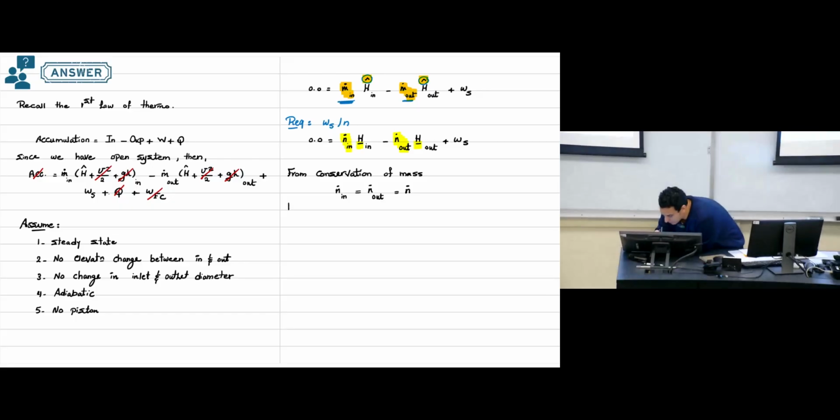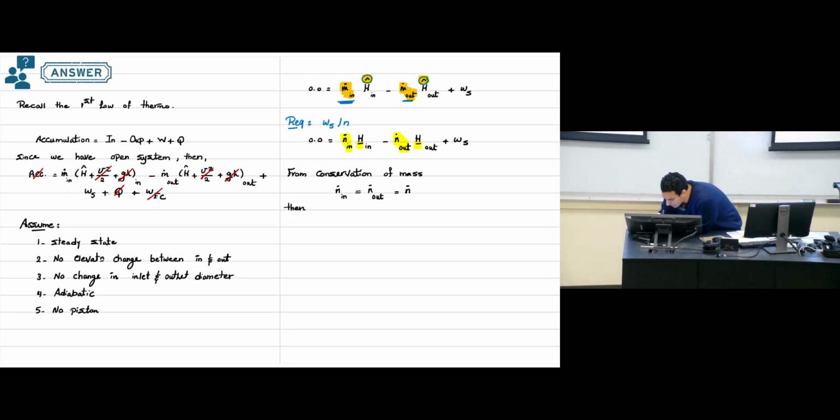Then we can rewrite the equation and say the shaft work divided by number of moles will be molar enthalpy of the outlet minus molar enthalpy of the inlet, which is the change we have in the molar enthalpy in the system.